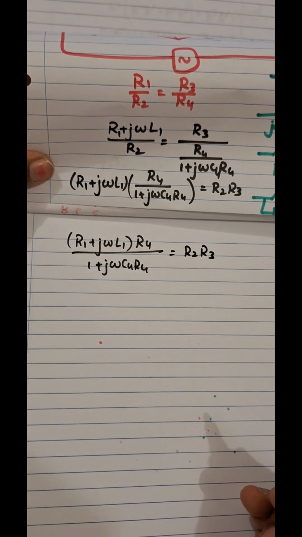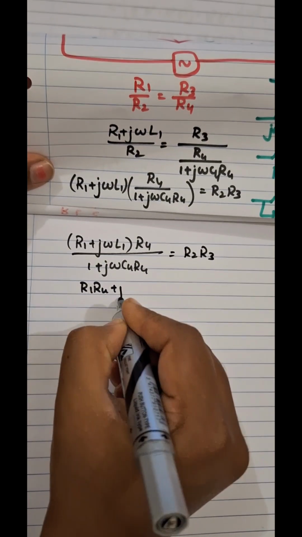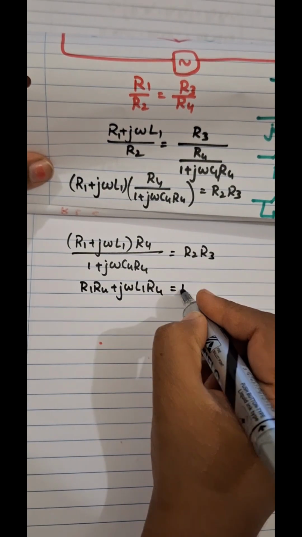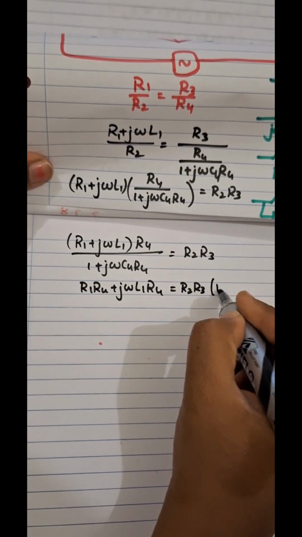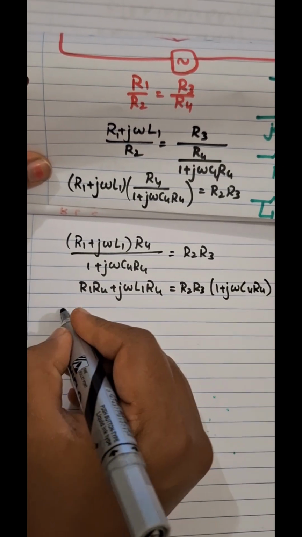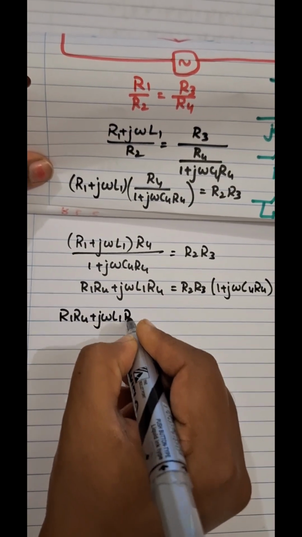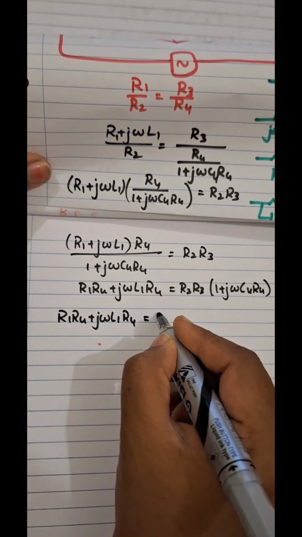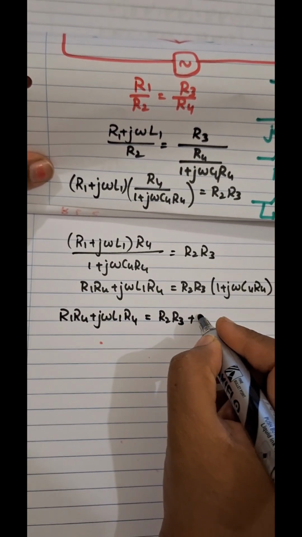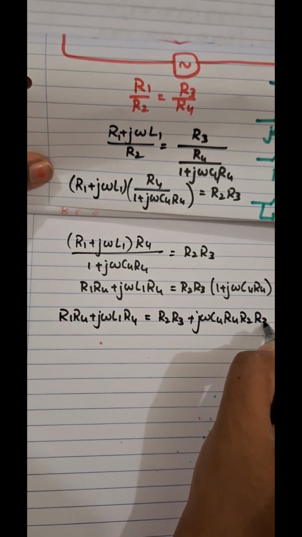Right? So this way, what happens? Multiply these two. R1 R4 plus j omega L1 R4 is equal to, this one I am sending this side, R2 R3 into 1 plus j omega C4 R4. Multiply this also. This is R1 R4 plus j omega L1 R4, which is equal to R2 R3 into 1, which is R2 R3, plus R2 R3 into this, so j omega C4 R4 R2 R3.